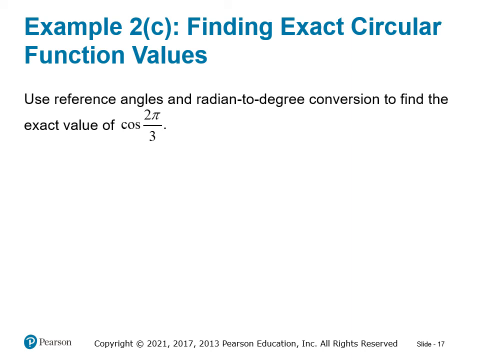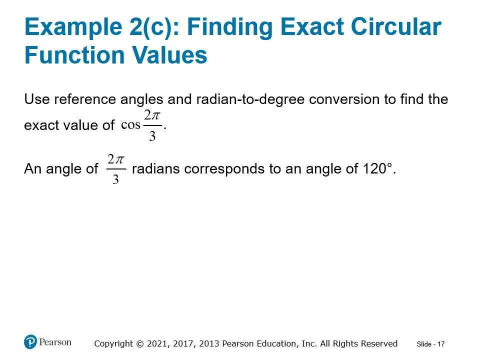Use reference angles and the radian to degree conversion to find the exact value of cosine of 2 pi over 3. So 2 pi over 3 is in the second quadrant, right? Because we're not at 1 full pi, we're 2/3 of pi. So we're 2/3 of the way around to the straight angle.